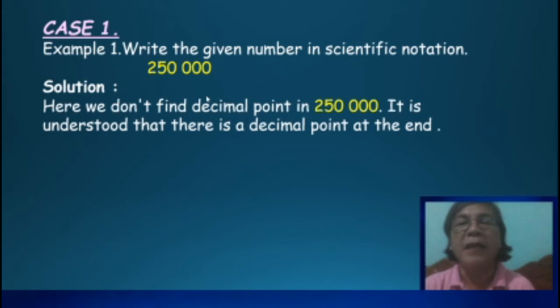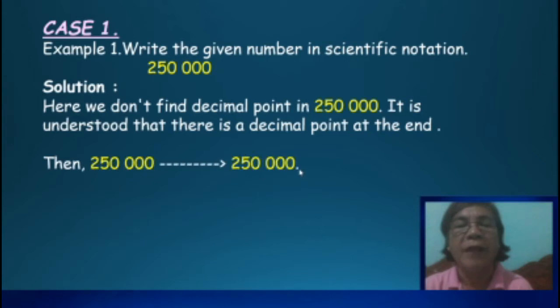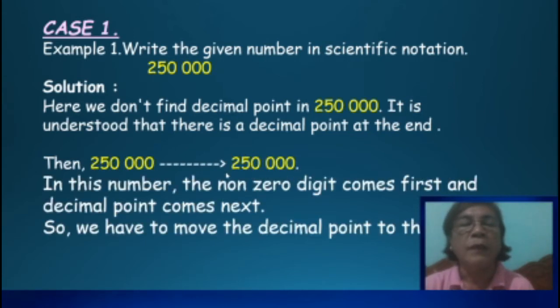Write the given number in scientific notation: 250,000. Here, we don't find the decimal point in 250,000. It is understood that there is a decimal point at the end. In this number, the non-zero digit comes first and the decimal point comes next, so we have to move the decimal point to the left.